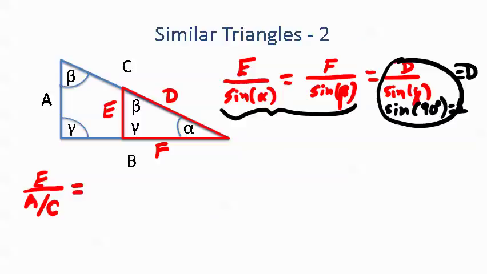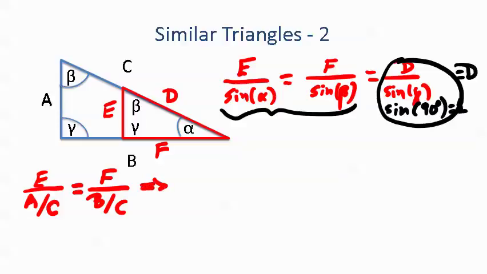Then this will be equal to F divided by sine of beta. But what is sine of beta for the original blue triangle? Sine of beta for the original blue triangle is B over C. So we now need to manipulate these expressions, and these are nested fractions.